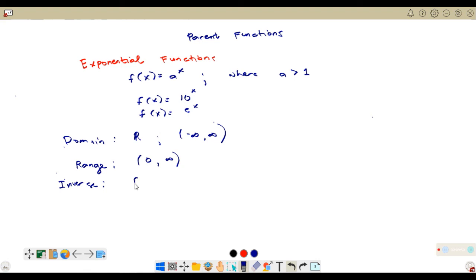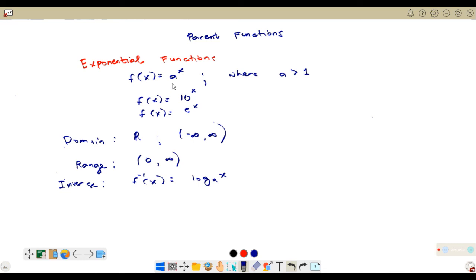So ano ang form, ano ang parent ng logarithmic function? So it is the logarithm of x with base a. Ayan yung inverse ni exponential function f of x is equal to a raised to x.